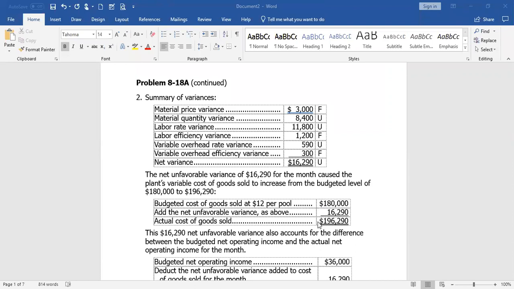Now we need to summarize the variances by showing the net overall favorable or unfavorable variance for the month.